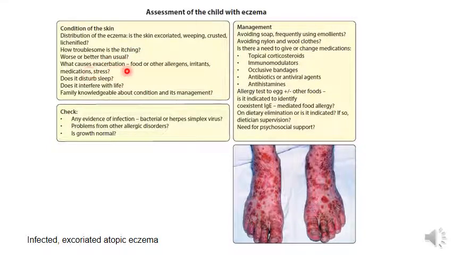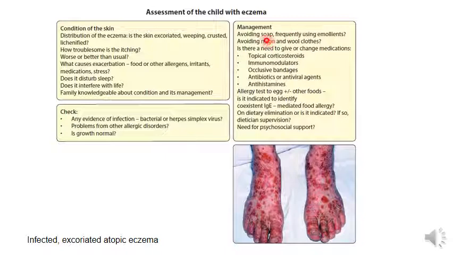What causes exacerbation, food or other allergen, irritant like soap, medication, stress, especially during exams? Does it disturb sleep? Does it interfere with life? Is the family knowledgeable about the condition and its management? Check any evidence of infection, secondary bacterial infection or viral infection, problems from other allergic diseases, and is the child thriving well or not?